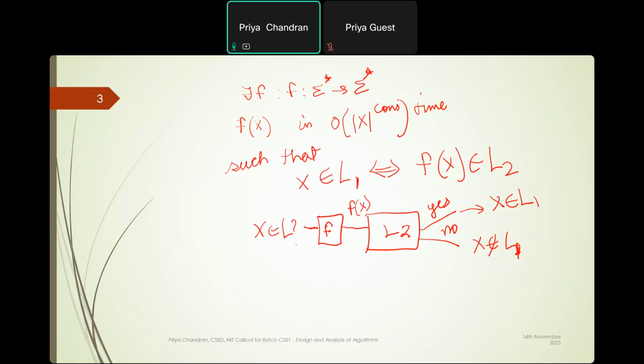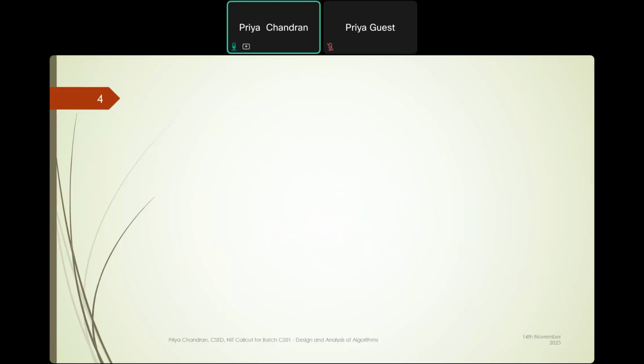So it is actually the answer to f(x) belongs to L2. So this whole thing then becomes a solver for L1. That is the fundamental idea behind polynomial time reductions. We will see many of these reductions in this class.